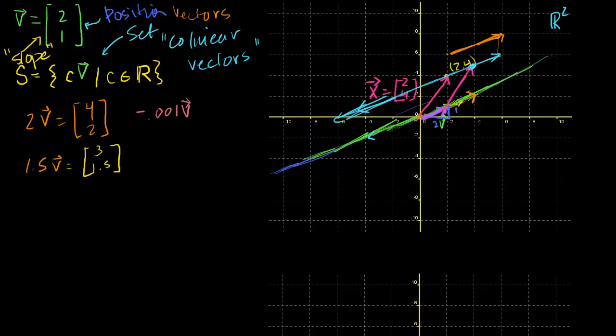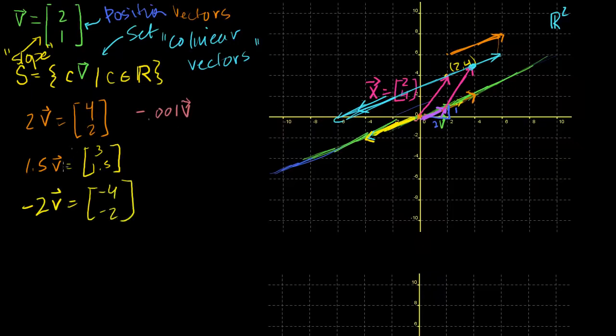Right? Let's say I do negative 2 times my original, so minus 2 times my vector v. That equaled (-2, -4). So that's that vector there.